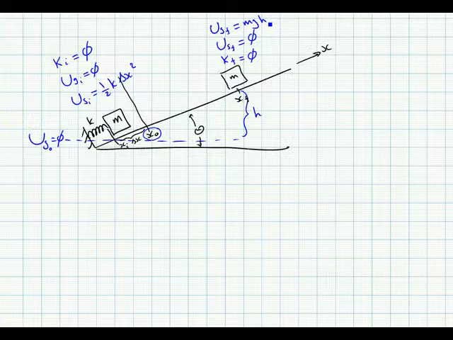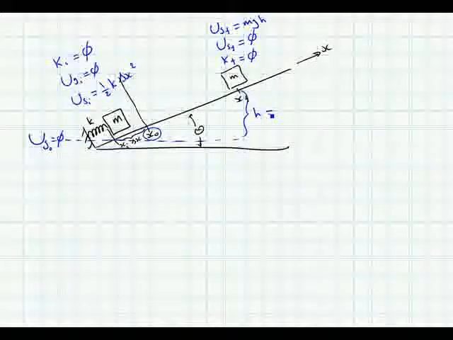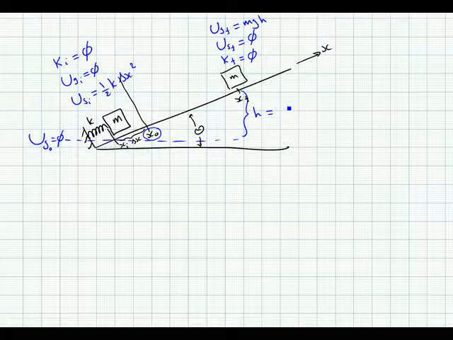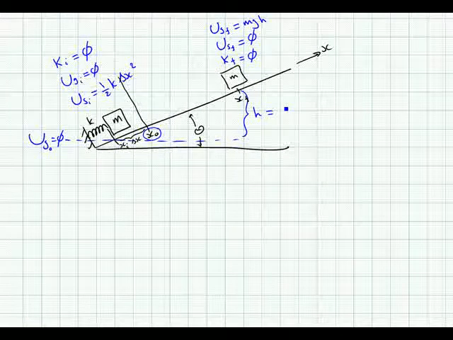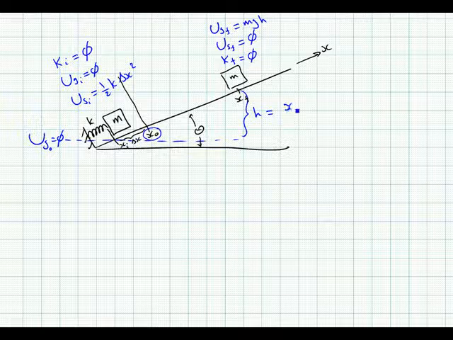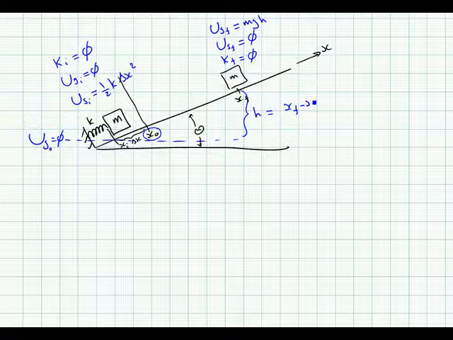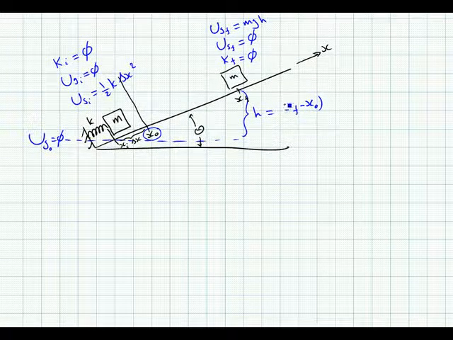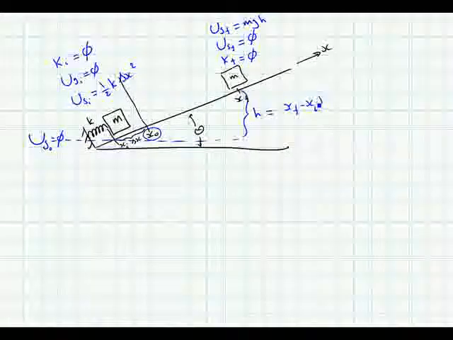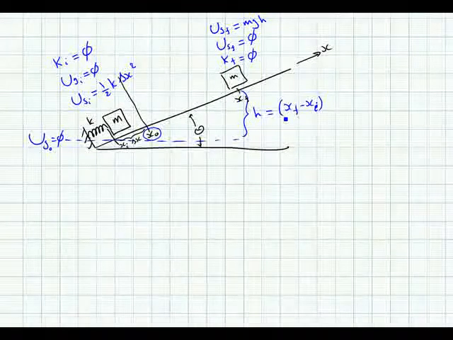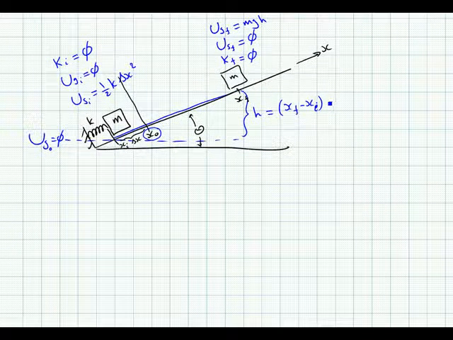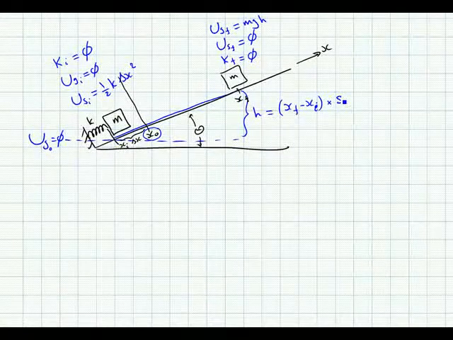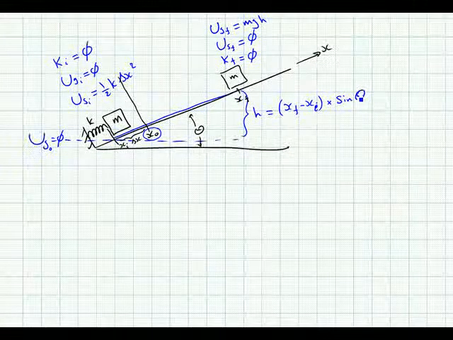And h is x final minus x initial, which is how far up the ramp the object ends up, times sine theta.